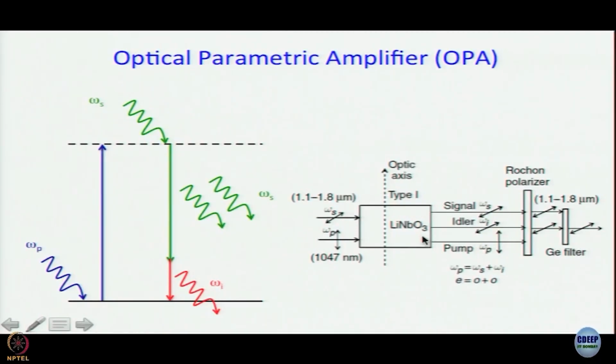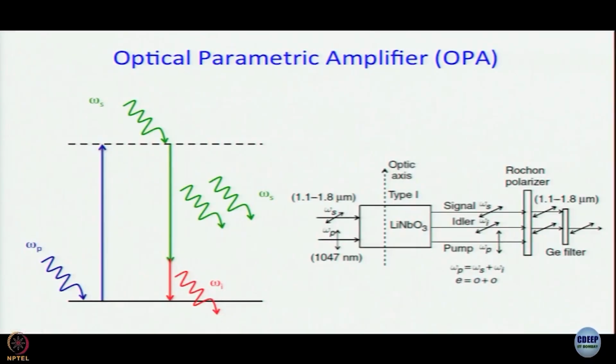If you remember what we discussed in the earlier ones, in LiNbO3 we have an EOO kind of situation, if you take pump, signal and idler. So, the idler that will be produced will have the same polarization as the signal, not the pump. So, you change the temperature, you angle tune it, do whatever you want until you get signal and idler, right. Signal and idler have the same polarization, pump has perpendicular polarization.